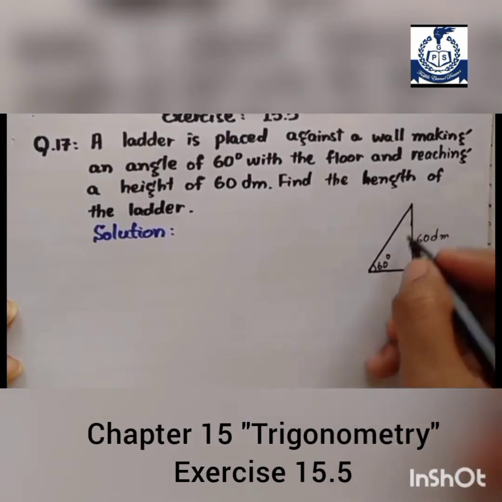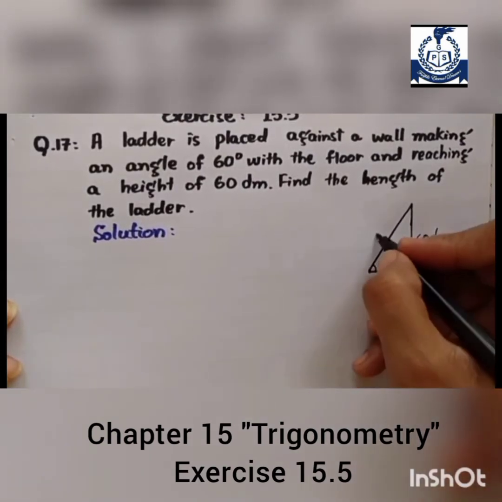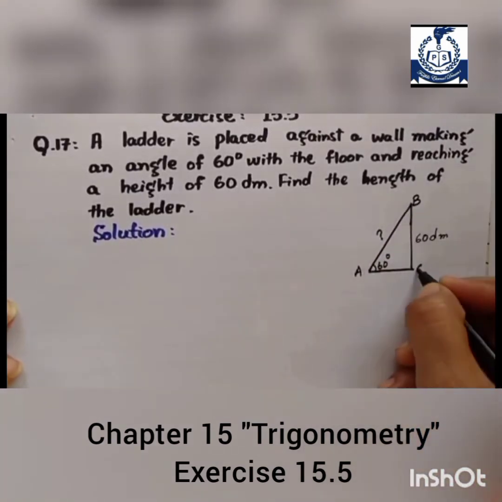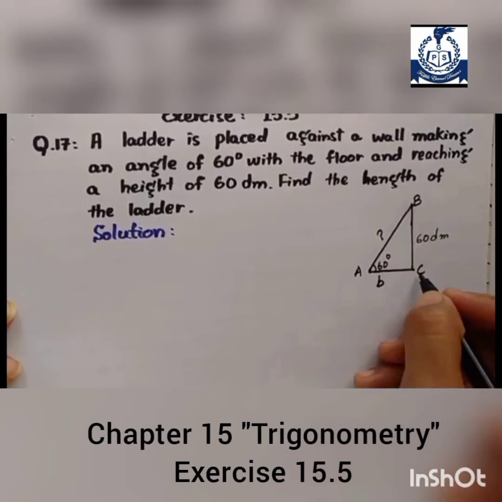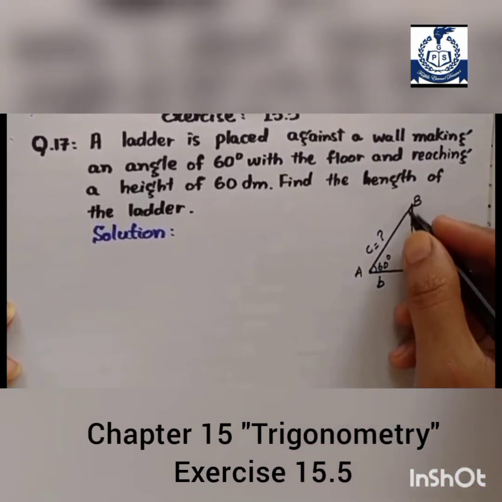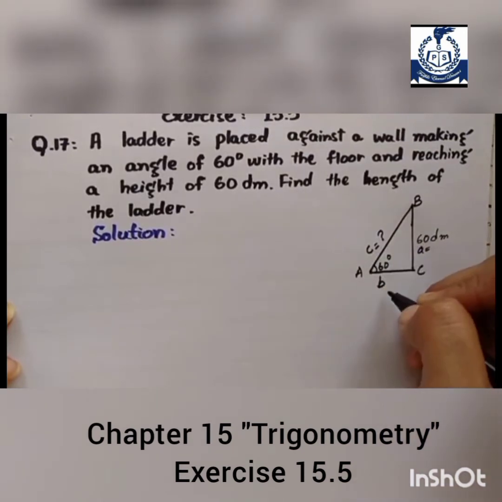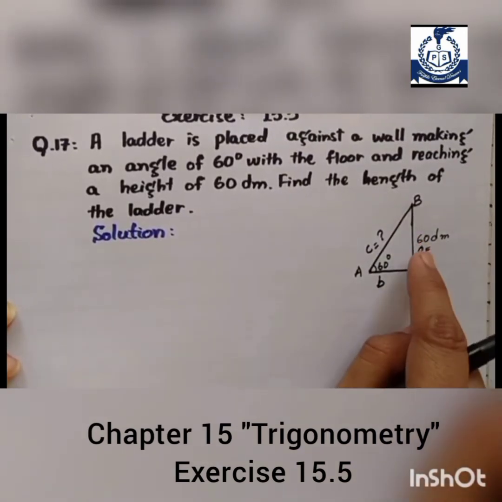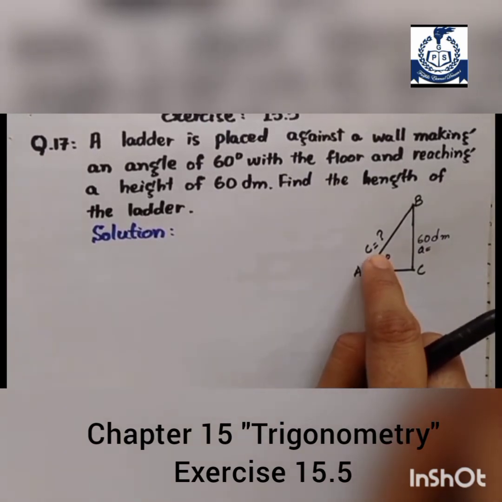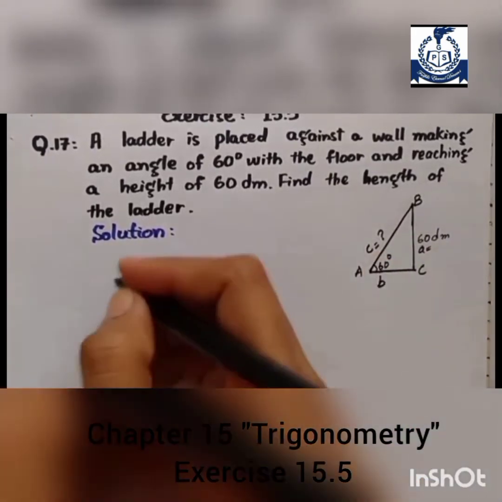So this is the ladder. ये एक ladder है जो कि wall से जो है वो प्लेस हुए वॉल पे एंड हमने पॉइंट दे दिए ABC. कैपिटल ए के अगेंस्ट स्मॉल ए है, कैपिटल बी के अगेंस्ट स्मॉल बी और कैपिटल सी के अपोजिट जो है वो स्मॉल सी. सो एंगल के अपोजिट साइड हमेशा परपेंडिकुलर होती है और वी हैव नीड टू फाइंड आउट द लेंथ ऑफ द लैडर.